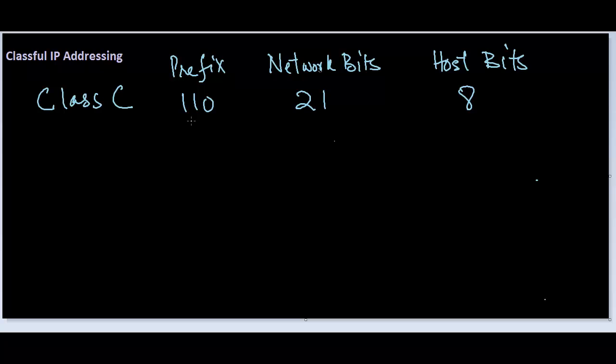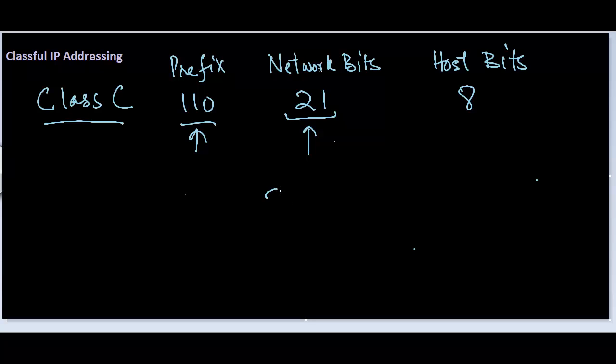Okay, for a class C network, this is the prefix, right? So 3 bits, and then we have the remaining 21 bits for the network, right? So basically this is always going to be fixed, and this is the part where we can have different values, right? So how many possible networks are there? How many different class C networks are there in the world?